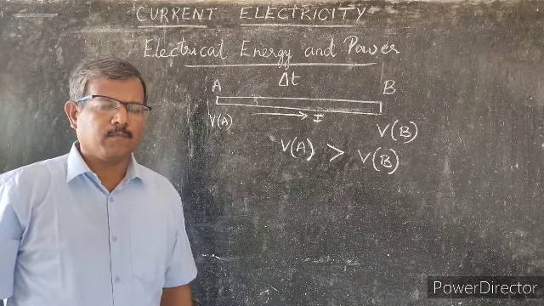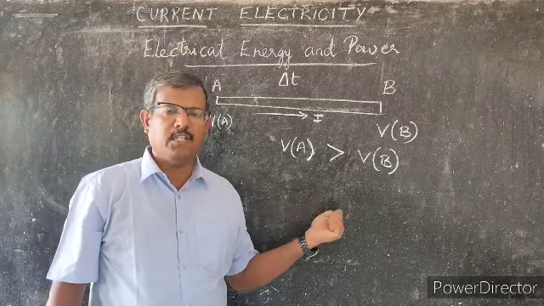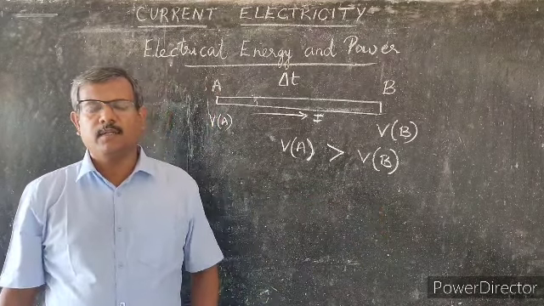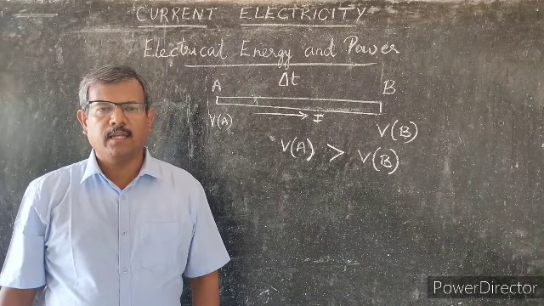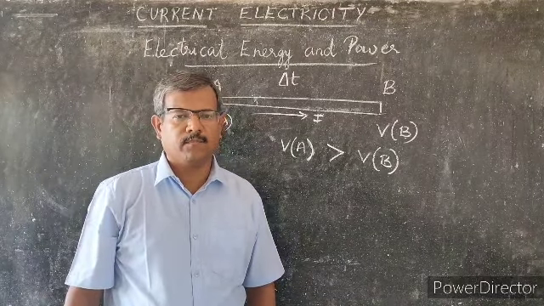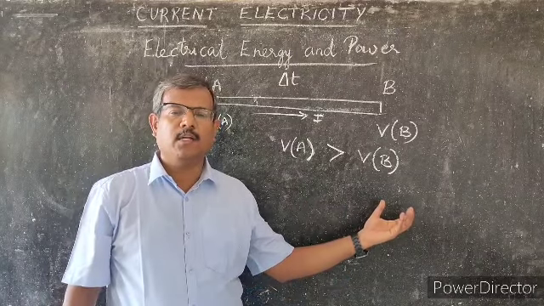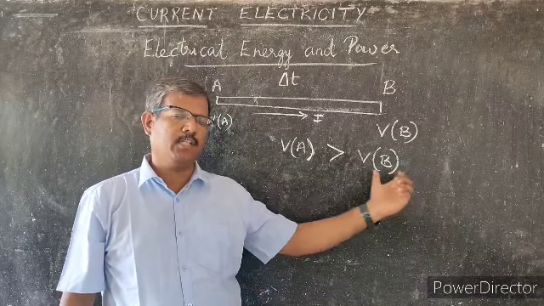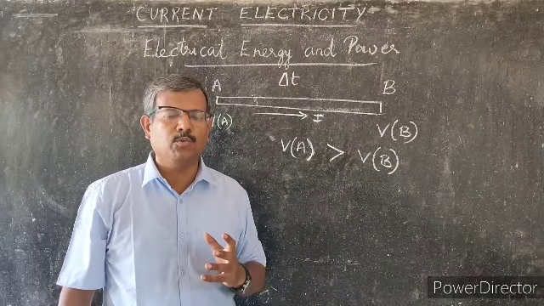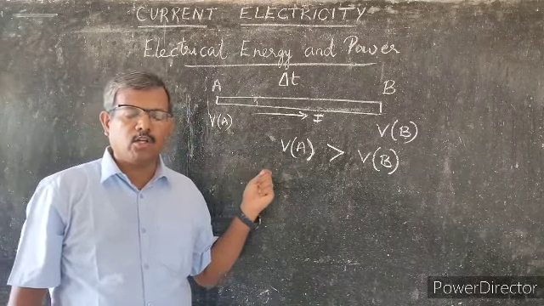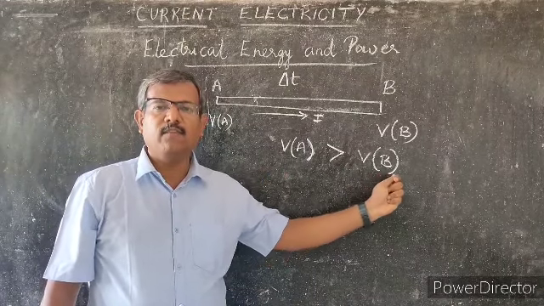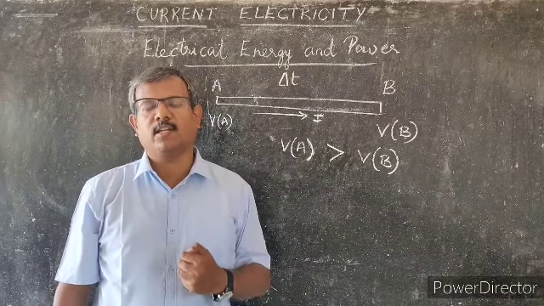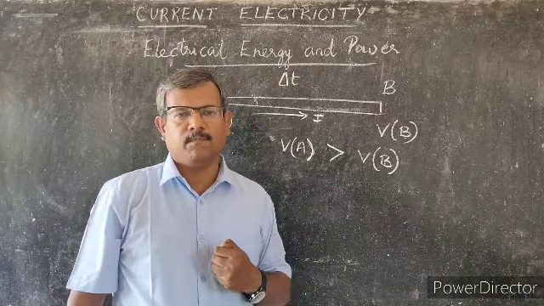Yet another reason why kinetic energy is not equal to the potential energy in this case is the concept of drift velocity. If the total change in kinetic energy were equal to the change in potential energy, then the electrons would have gone on accelerating infinitely till they reach the other end, which is not true because we have discussed the concept of drift velocity.